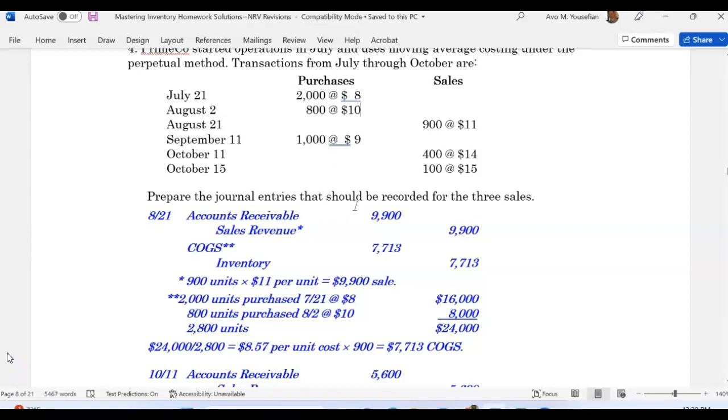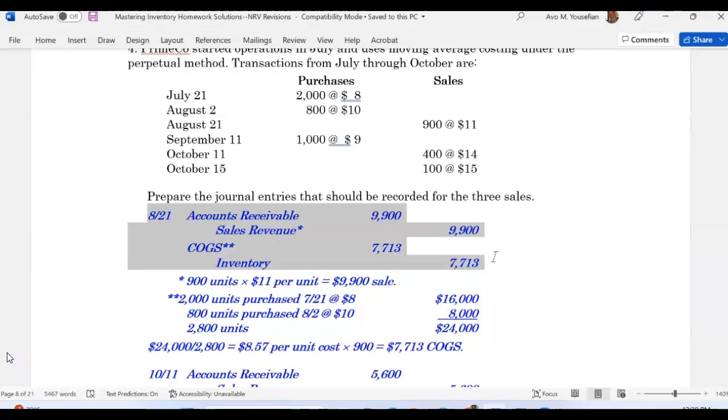But now let's see what the journal entry for sales is. If you are selling under the perpetual method, not only do you have to do the one journal entry that you'd always do, either in periodic or perpetual, but you also need to do a second journal entry, which is recognition of cost of goods sold and inventory.